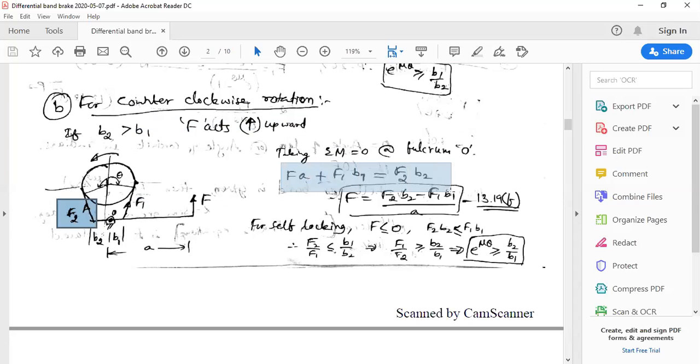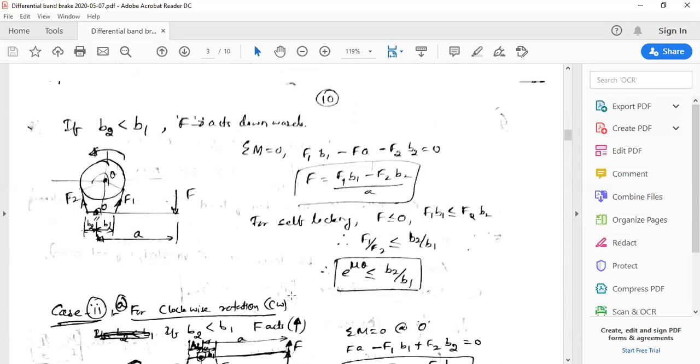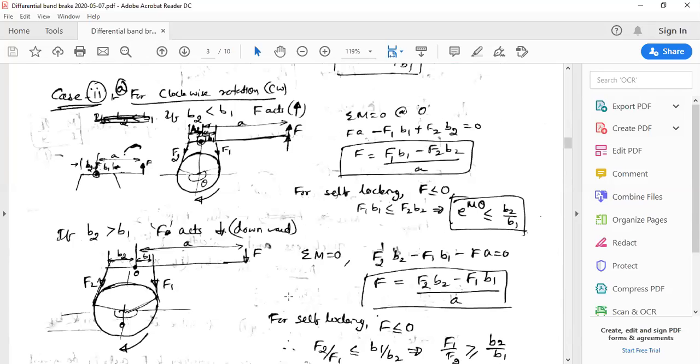The moment equation is written by taking the summation of moments about the fulcrum point and equating to 0 based upon the equilibrium condition. For self-locking, F is less than or equal to 0, and simplifying and rearranging the terms, we get e raised to mu theta is greater than or equal to B2 by B1. This is what we discussed in the previous session.